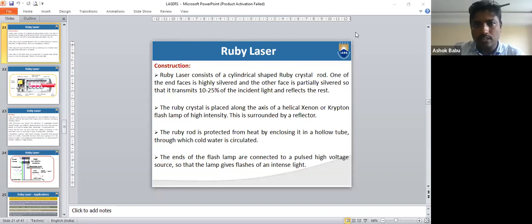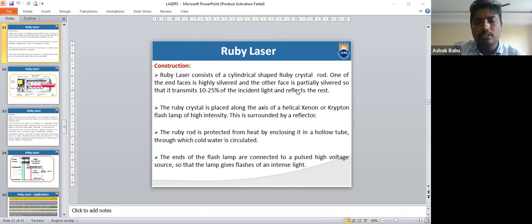This is the construction of the ruby laser. The ruby laser consists of a cylindrical shaped ruby crystal rod. One of the end faces is highly silvered and the other face is partially silvered, so that it transmits 10 to 25% of the incident light and reflects the rest. The ruby crystal is placed along the axis of the helical flash lamp.